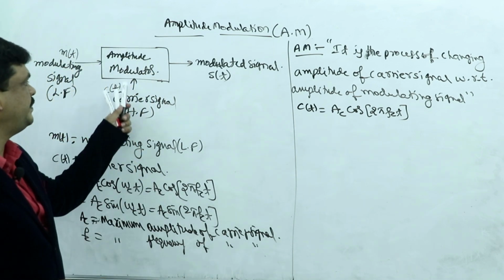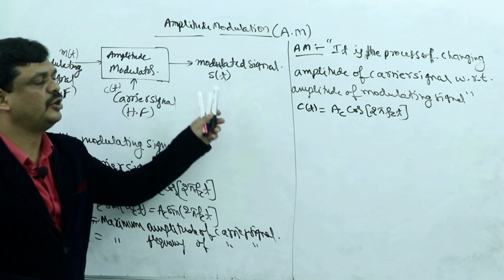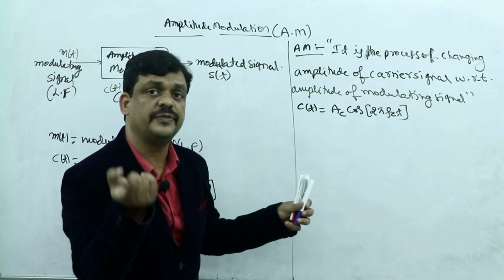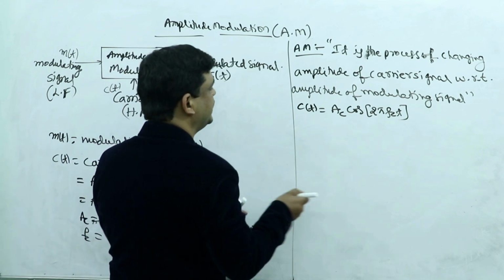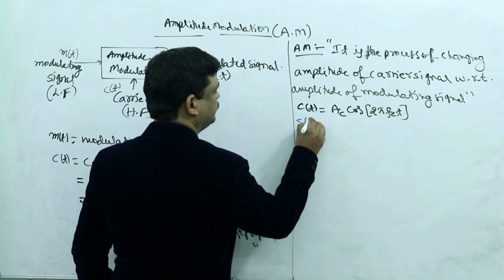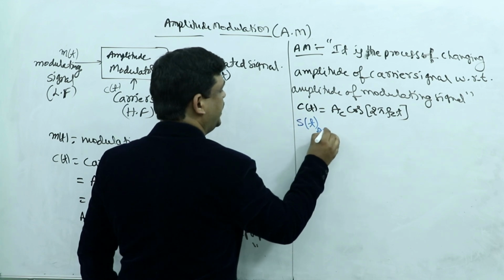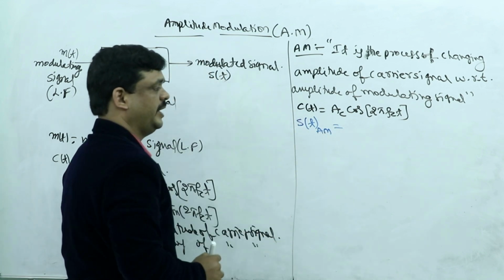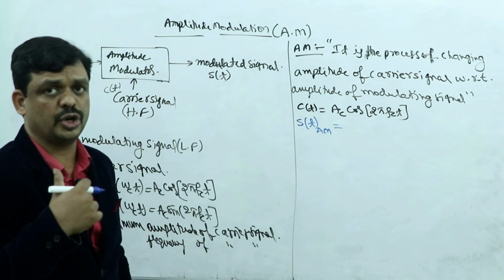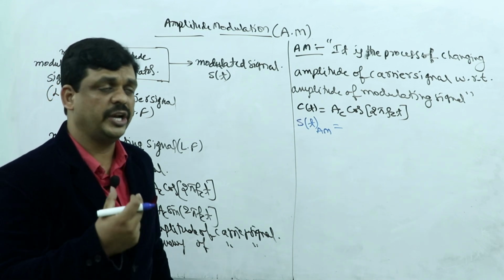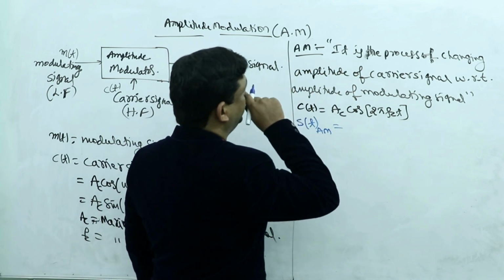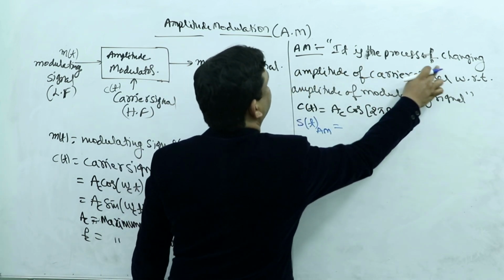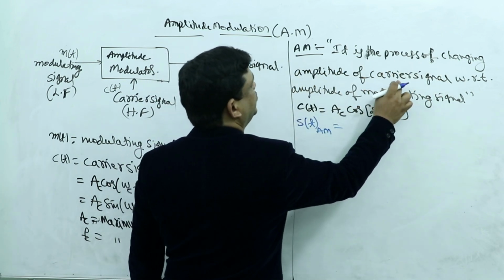So the carrier signal is applied here, and the modulated signal is connected. Then we have to write the standard functional representation of which signal? Modulated signal. So the modulated signal S of t is now, which type of modulation is there here? AM modulation, that's why I am writing like this. S of t is nothing but the AM modulated signal here. Now, according to this definition, it is the process of changing the amplitude of the carrier signal.